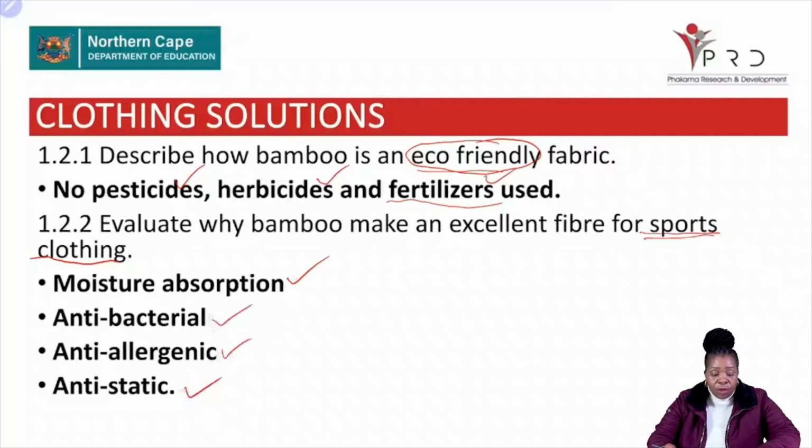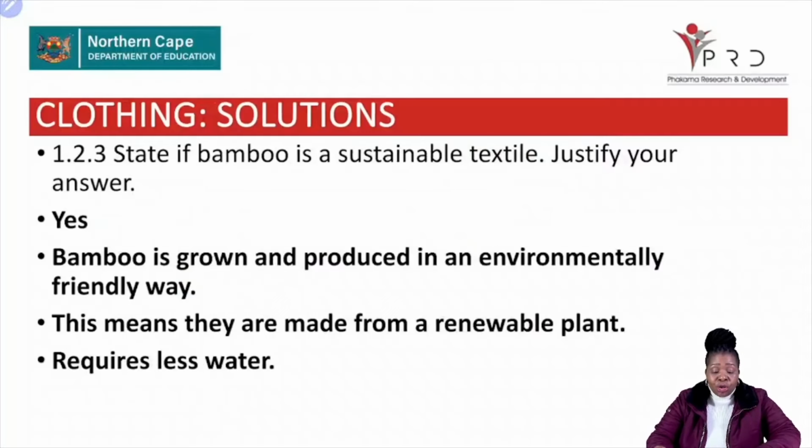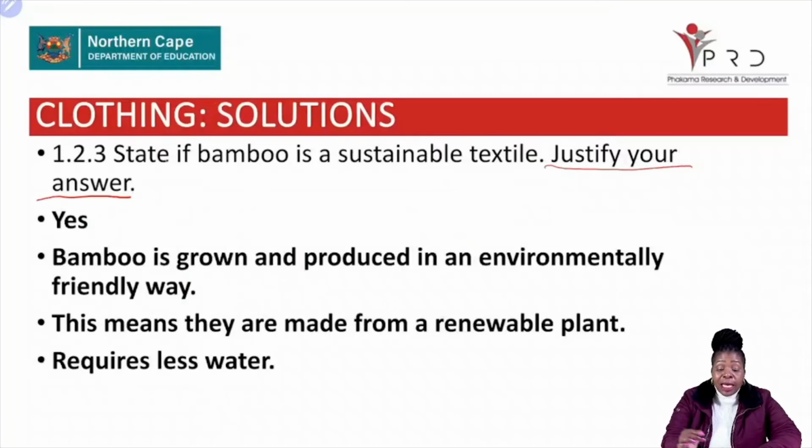We go on to our next solution. 1.2.3 reads, state if bamboo is a sustainable textile and then justify your answer. In part 1, we are supposed to state if it is sustainable. So how do you answer this? You answer: yes, bamboo is sustainable.